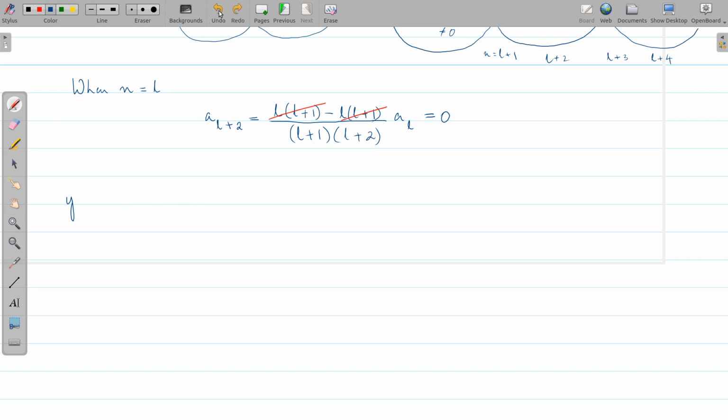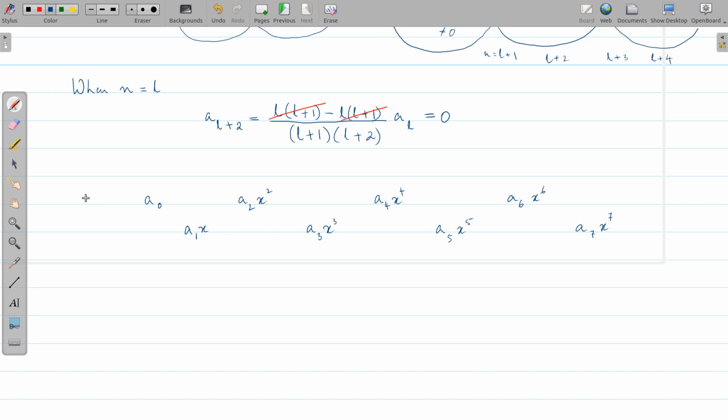So the original solution, we had a0, a1 x, a2 x square, a3 x cube, a4 x to the power 4, a5 x to the power 5, a6 x to the power 6, a7 x to the power 7.